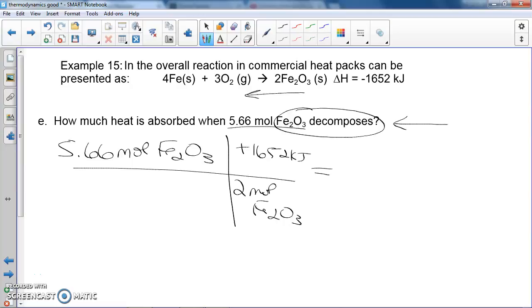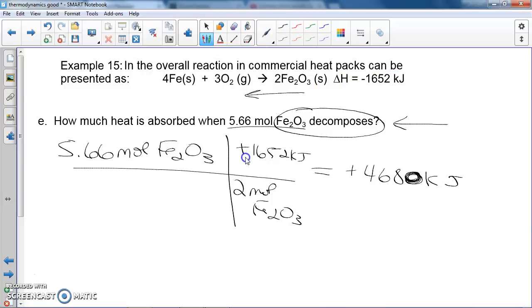When I do that math, I get 4,680 kilojoules absorbed. Absorbed because it's positive. If you had this as negative 4680, it would be completely wrong because you did not think about the reverse reaction. In order for iron oxide to decompose, I must think of the reaction given in the reverse order. When I reverse it, I change the sign of my delta H.